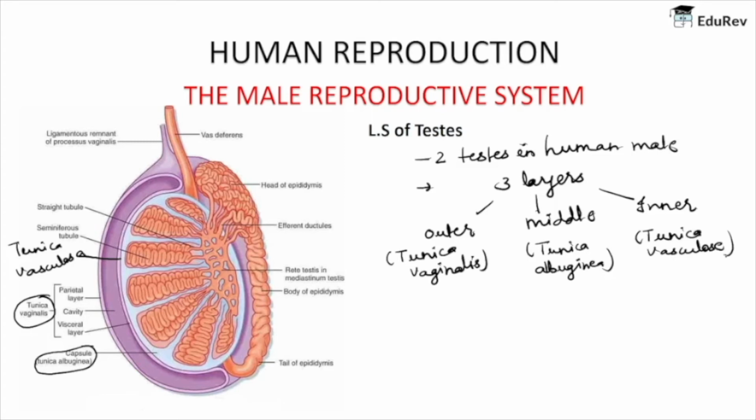Now inside these layers, each testis has about 250 compartments.